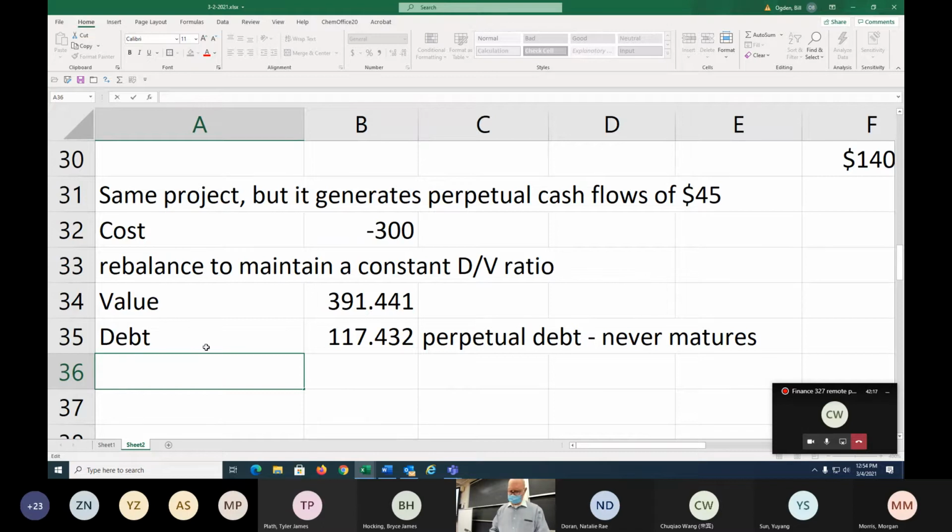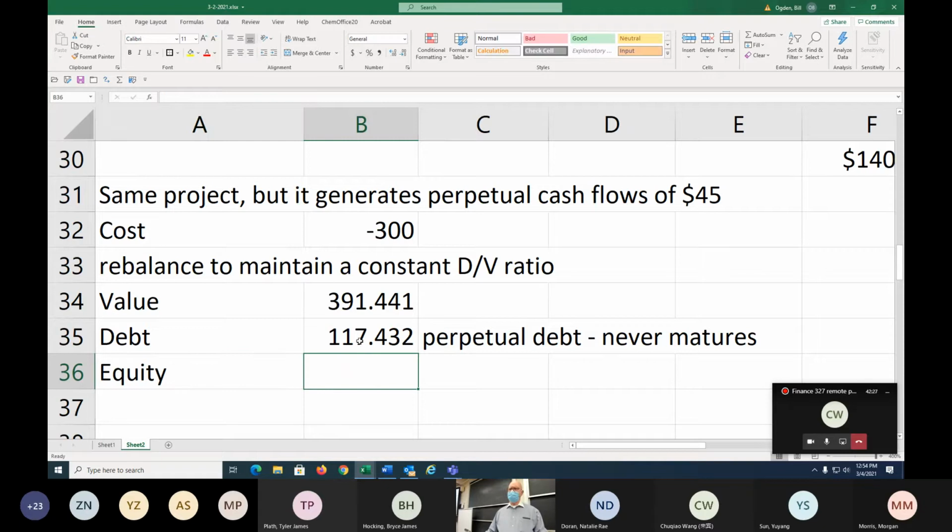So let's do our interest. Actually, you want to do the value of debt? Let's do the equity too. What's the market value of the equity on this? You can say 1 minus L times this one, or you can just subtract.